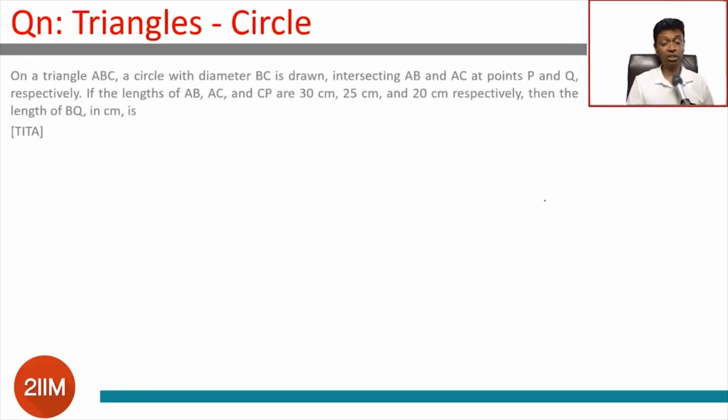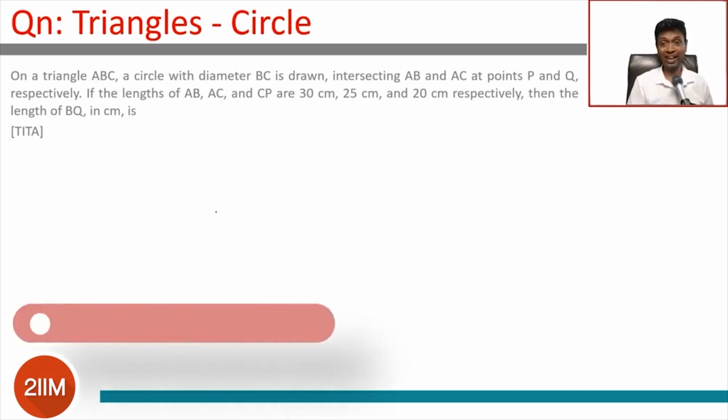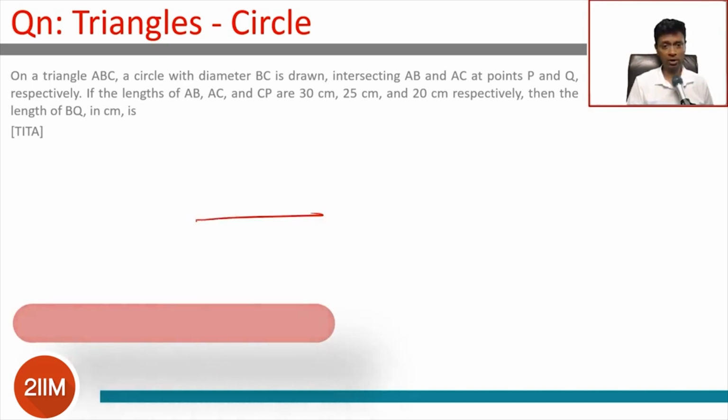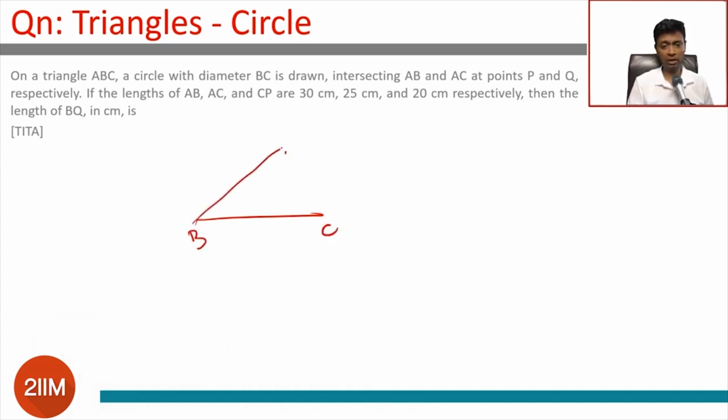On a triangle ABC, a circle with diameter BC is drawn, intersecting AB and AC at points P and Q. Wonderful. So let's say this is BC, and there's an A here. We are drawing a circle with diameter BC, like this.